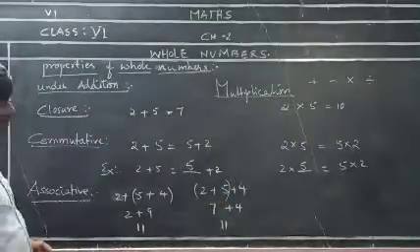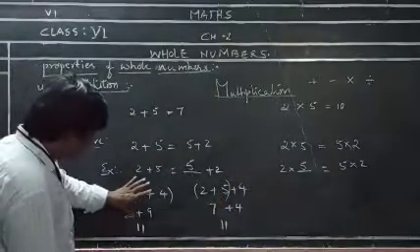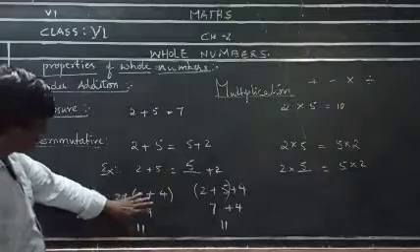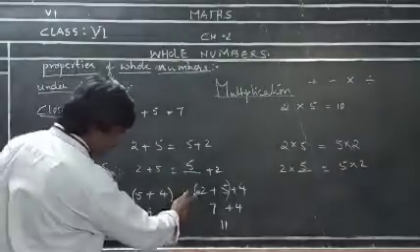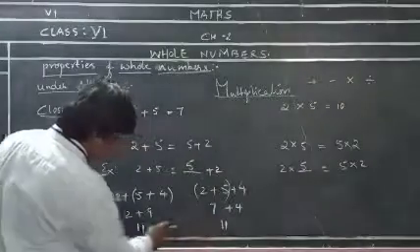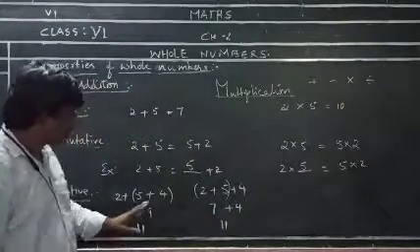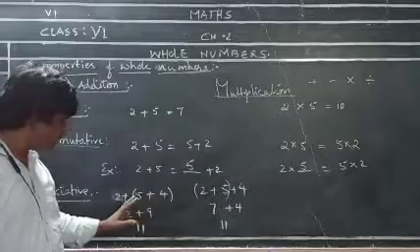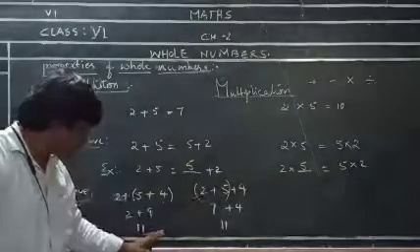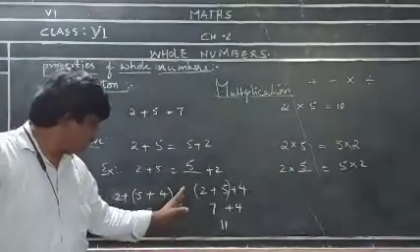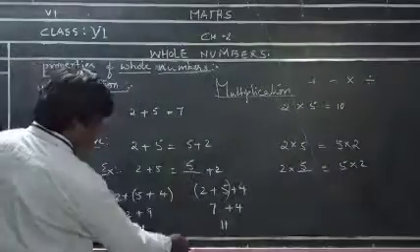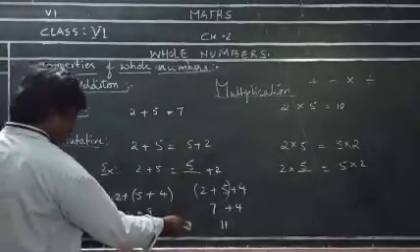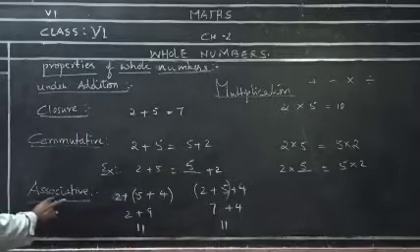By adding these numbers, the result in this case is 11, and here also the result is 11. So both are the same. So what happened? By changing the groups, the result never changes. If that situation is satisfied, it is considered the associative property.